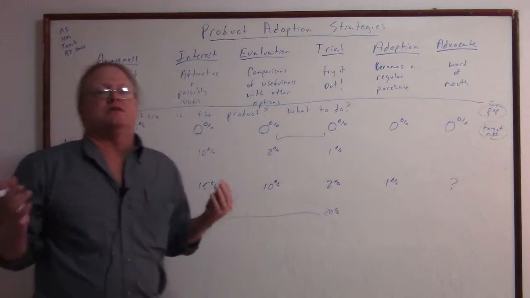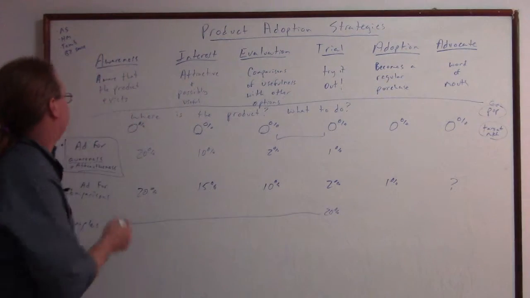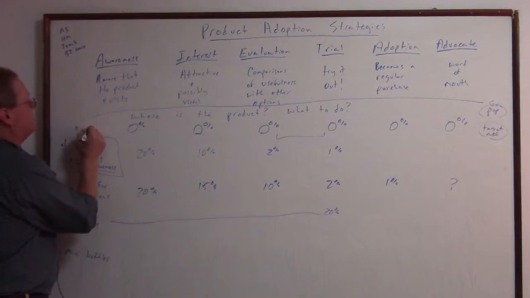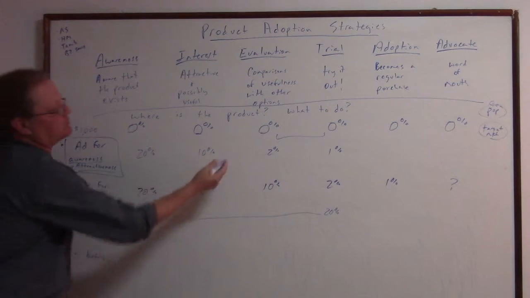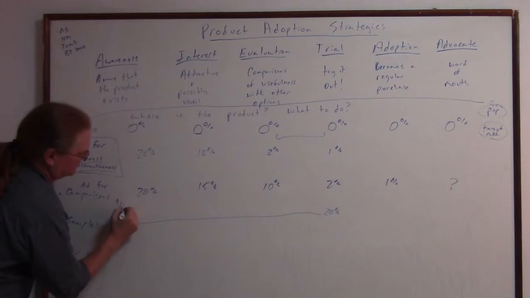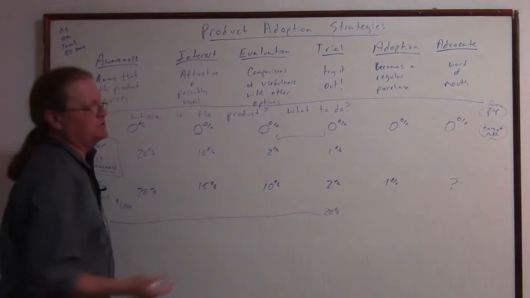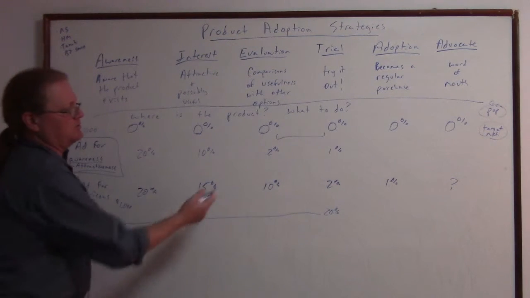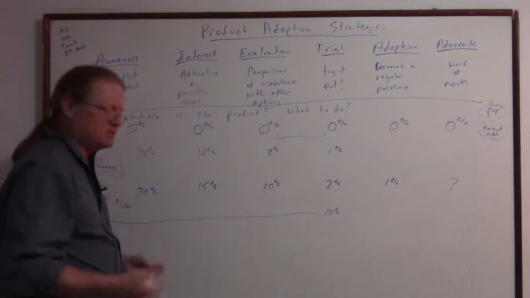So what we're looking at is a cost benefit. We could spend $1,000 here and get those results. We might do a comparison ad, spend $1,000 here and get those results, which look a little bit better. I mean, it's in theory.